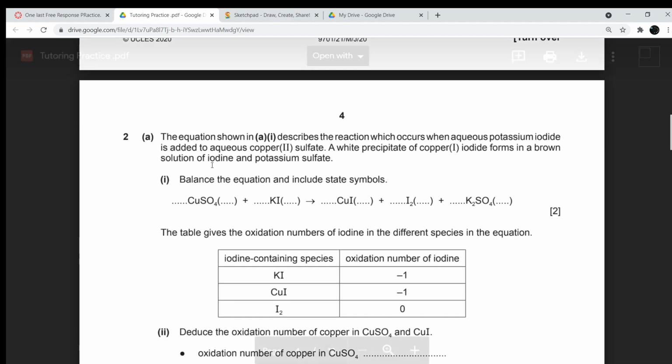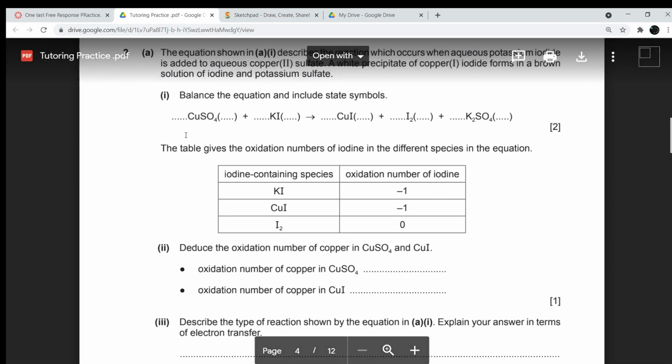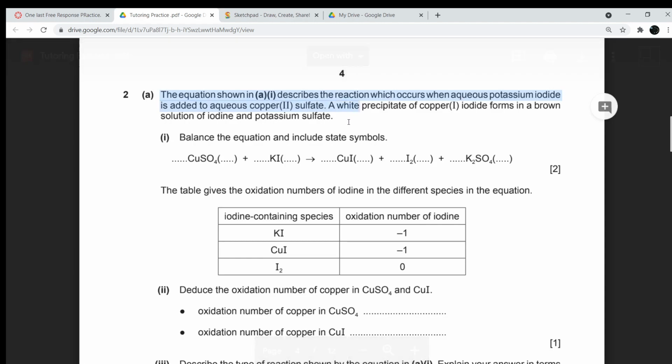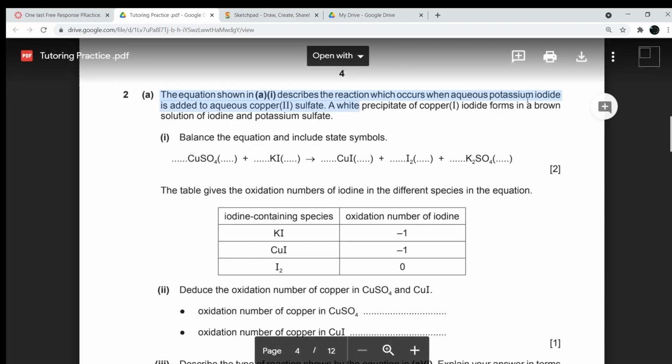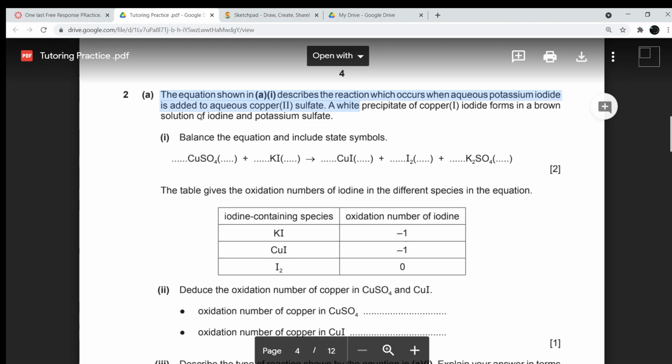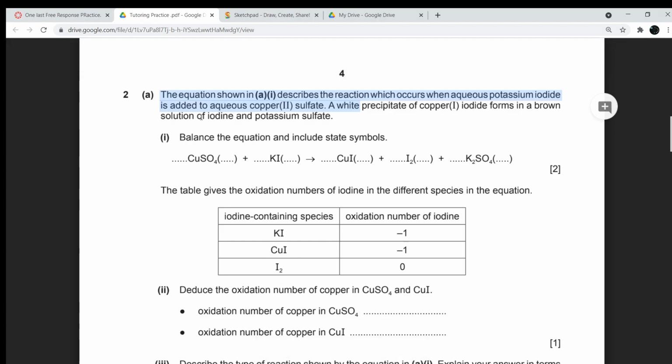Okay. Next, question number 2. The equation shown describes the reaction which occurs when aqueous potassium iodide. Okay, so I'm thinking, okay, we got aqueous potassium iodide. I'm thinking potassium iodide, man, that's clear. Iodine turns brown. I'm thinking, what do I know about this before we go forward?